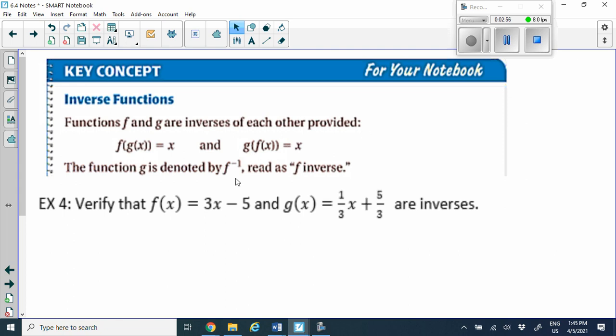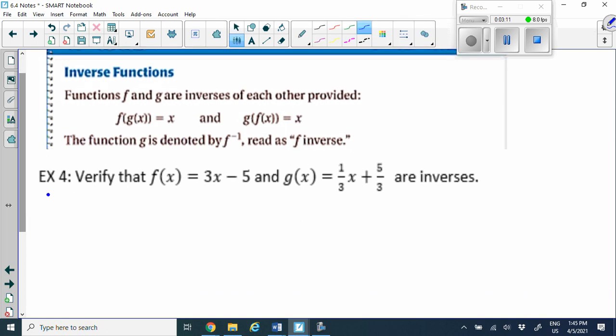Okay, you might also see g of x denoted by f of negative first, so read as f inverse. So you might just see some different notation. In order to verify, we need to create two compositions of functions.